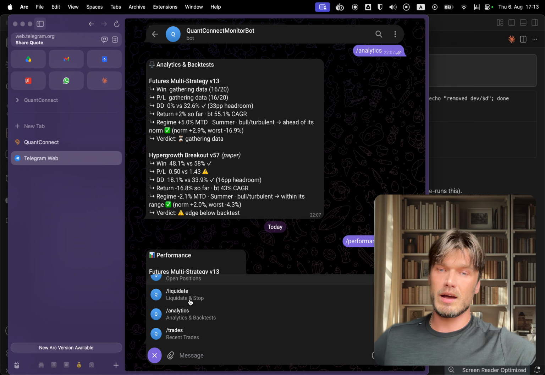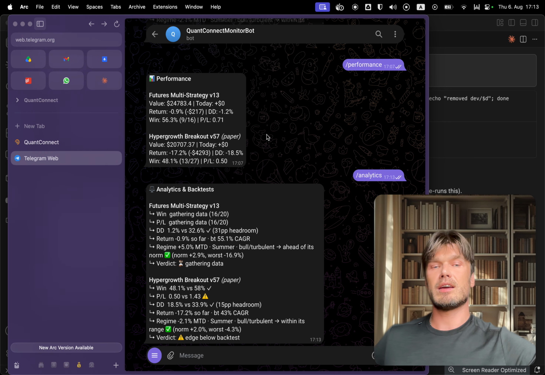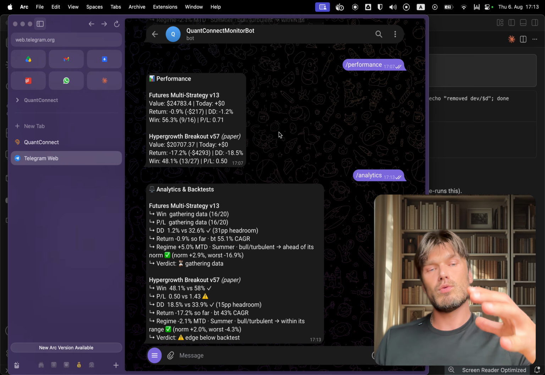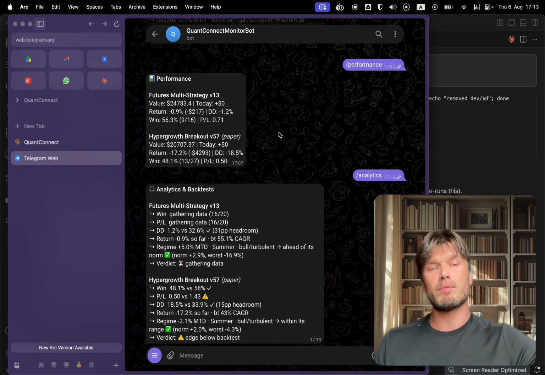That's where I have the command analytics. So analytics compares this data, the one I have over here, to the backtesting data. And in real life, it can tell me whether the strategy is performing well or it's actually underperforming.